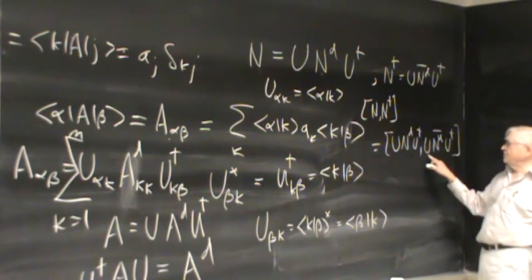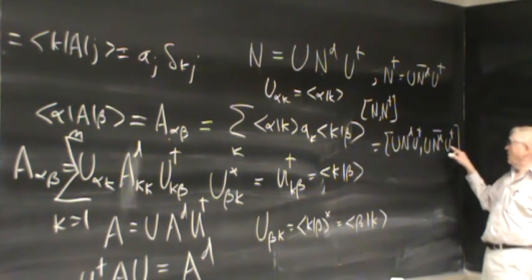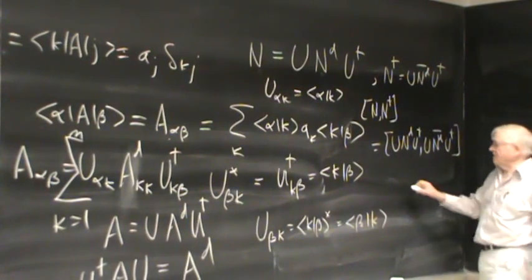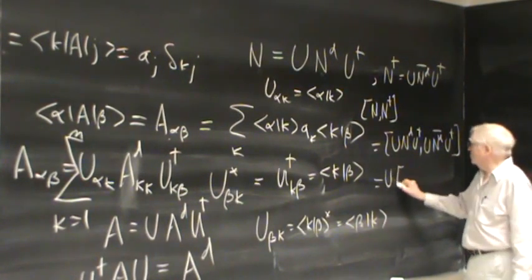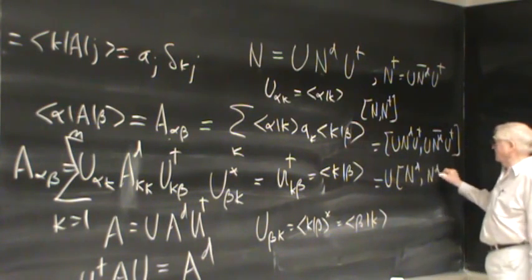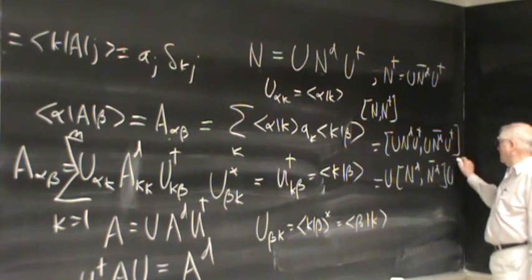And now you see the U dagger U's are just the identity when they touch each other, and so this is actually U N_diagonal N_diagonal complex conjugate U dagger.